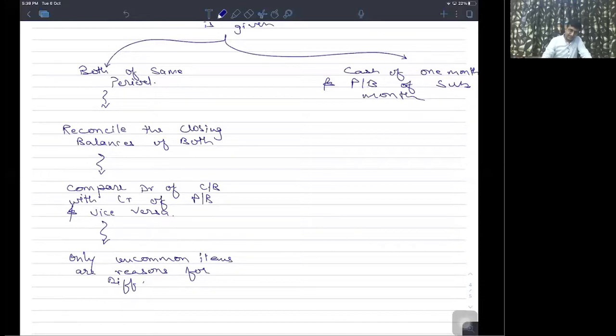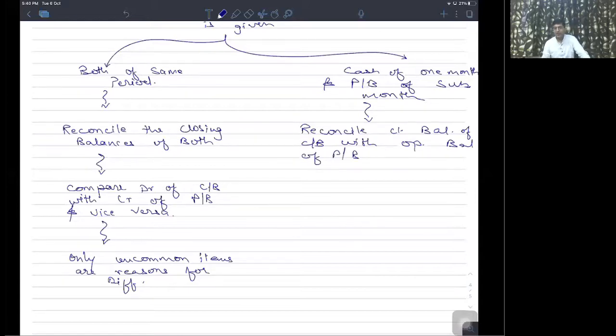In that case, reconcile closing balance of cash book with opening balance of पासबुक. हमेशा पासबुक ही सब्सिक्वेंट मंथ का दिया जाएगा आपको, कैश बुक कभी भी सब्सिक्वेंट मंथ का नहीं दिया जाएगा.